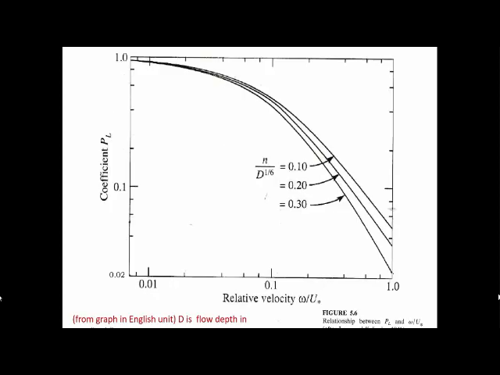Okay, so on your x-axis is your relative velocity. So you have to get your fall velocity using the Stokes theory that you learned in week 2, and you also have to find your shear velocity, which is equal to the square root of tau naught over rho, right?